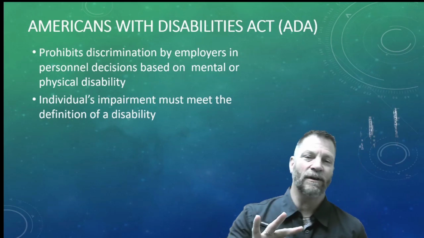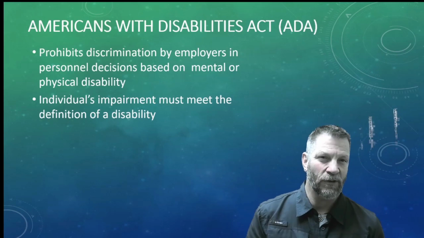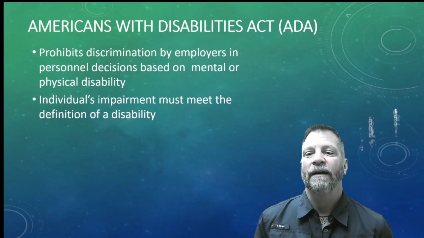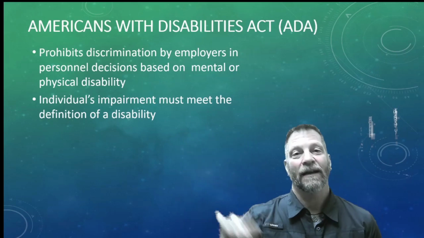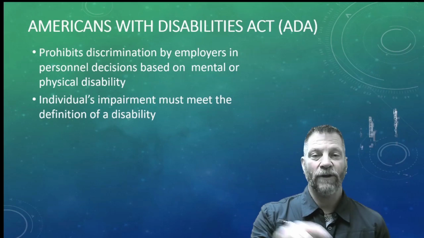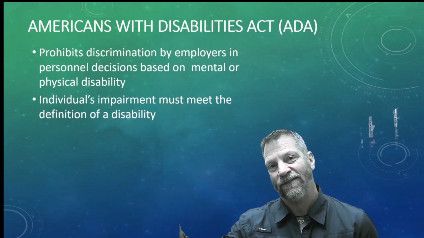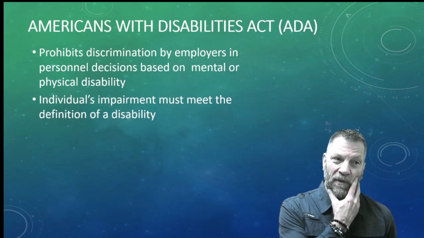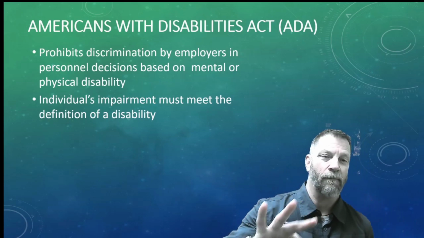And then the third possibility of being considered disabled, I guess you could say, is the individual is regarded as having a disability. So whether you have a disability or not, if you're being treated as if you have a disability, then you can file a complaint under the Americans with Disabilities Act. Okay? So any one of those three.